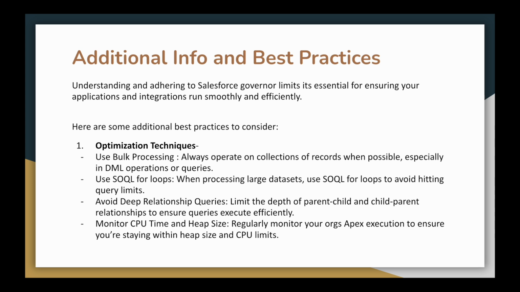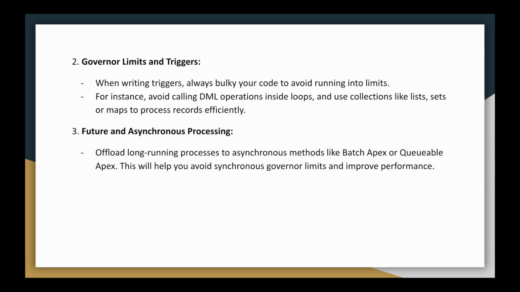So do not think that we should hit those limits. Avoid going into that depth of relationships in those queries. Then we have monitor CPU time and heap size. We need to regularly monitor our org's Apex execution to ensure that we are staying within the heap size and CPU limits. Earlier we have covered the heap size limit and CPU limits as well.